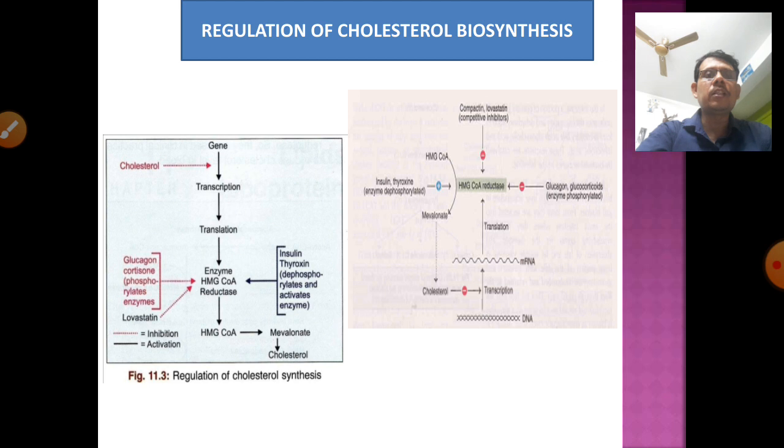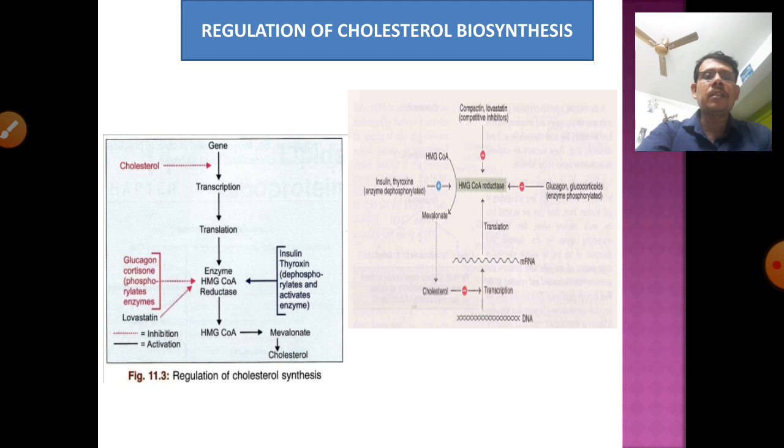A particular gene is transcribed, and after translation the particular protein or enzyme, like HMG CoA or hydroxymethylglutaryl CoA reductase, is produced under the influence of that gene. This gene is inhibited directly by cholesterol. If HMG CoA reductase is activated, in that case cholesterol can directly inhibit it.